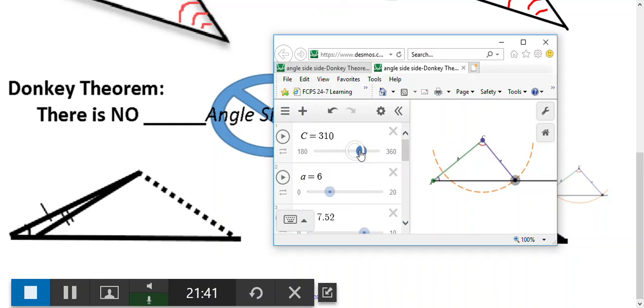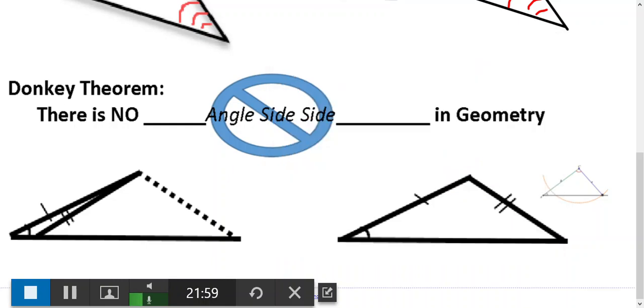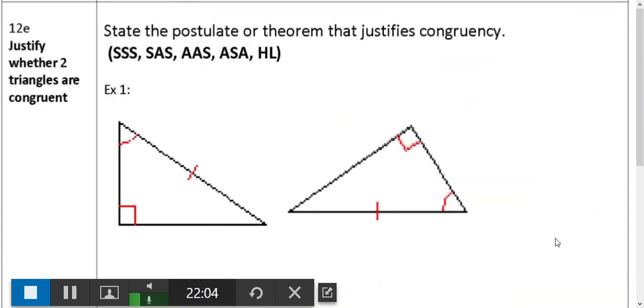So we can have this triangle and this triangle. For both of those, we have kept the same angle, side, and side. But it didn't give us congruent triangles. It could give us the first triangle or the second triangle. Because it doesn't necessarily give us one triangle, you can't use it to prove congruence.